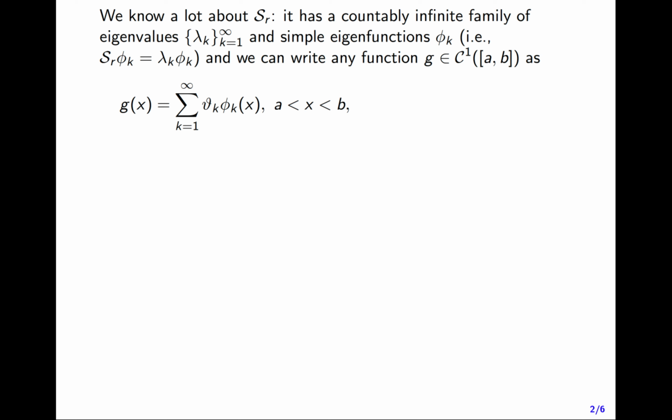Namely, g of x is the sum from k equals 1 to infinity of theta k times phi k of x over the open interval a to b. There might be some problems at the endpoints a and b, where here theta k is 1 divided by the L2R norm of phi k squared times the inner product of g with phi k in the L2R norm.